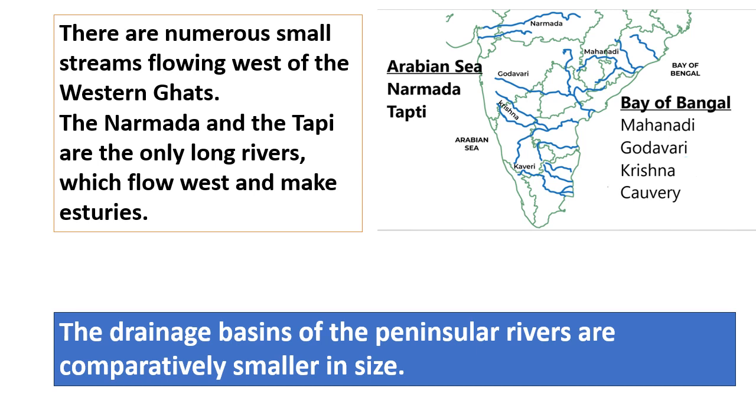There are numerous small streams flowing west of the Western Ghats. The Narmada and the Tapi are the only long rivers which flow west and make estuaries. The drainage basins of the peninsular rivers are comparatively smaller in size.